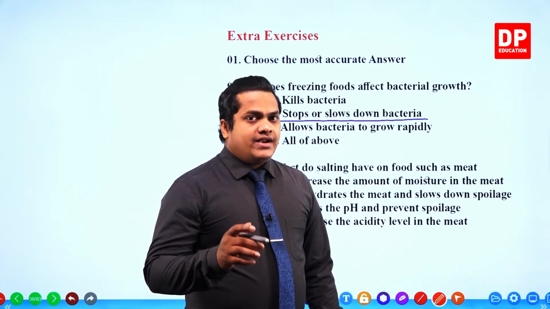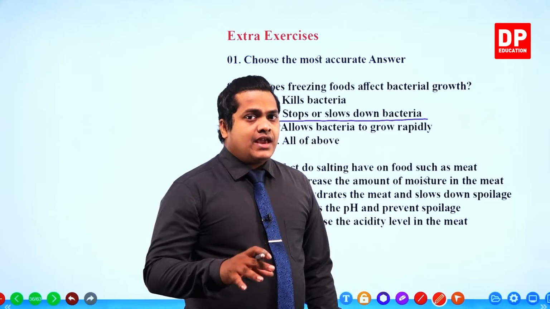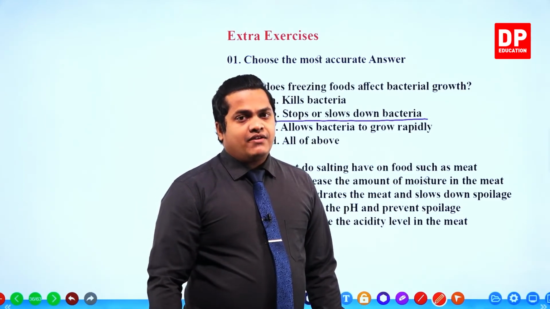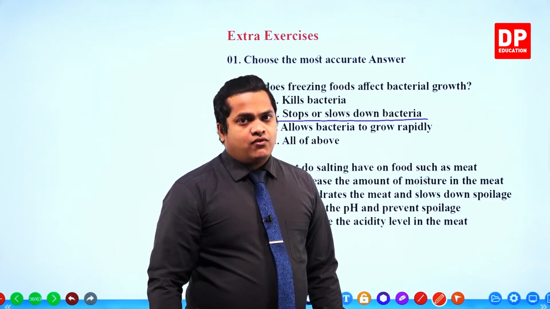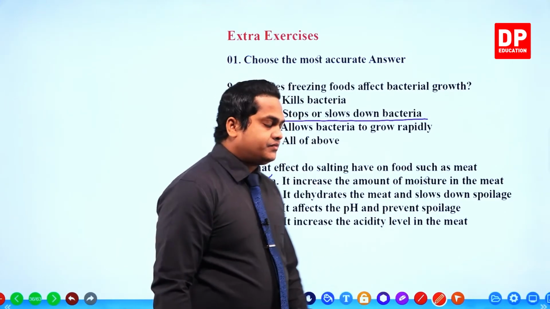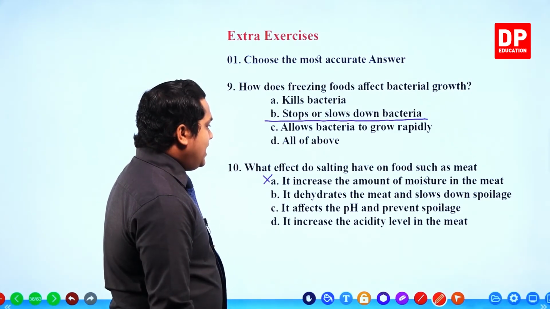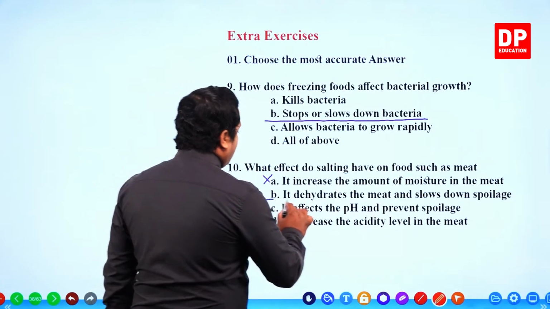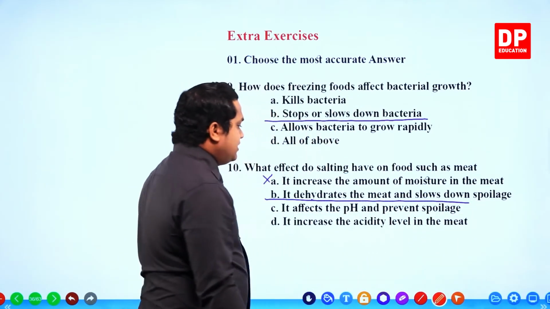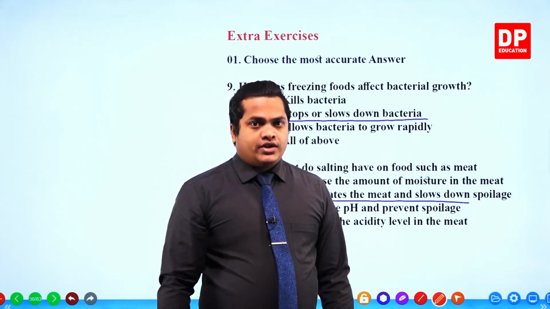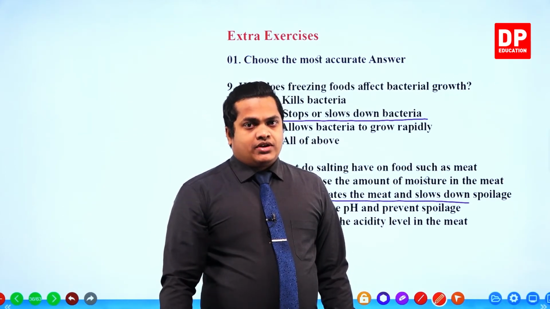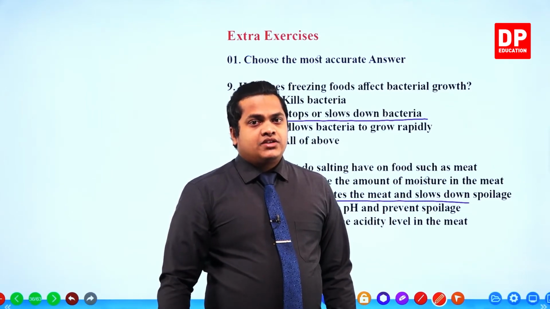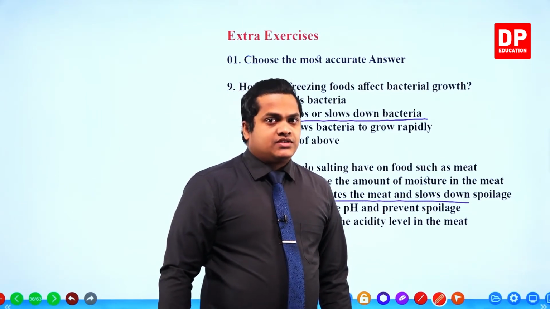So by adding salt, we absorb excess water contained within the food item. In that way, we control the level of water within the food. It dehydrates the meat and slows down the spoilage. That's our answer. Dehydration means absorption of water. So it absorbs water and slows down spoilage by slowing down the action of microorganisms.